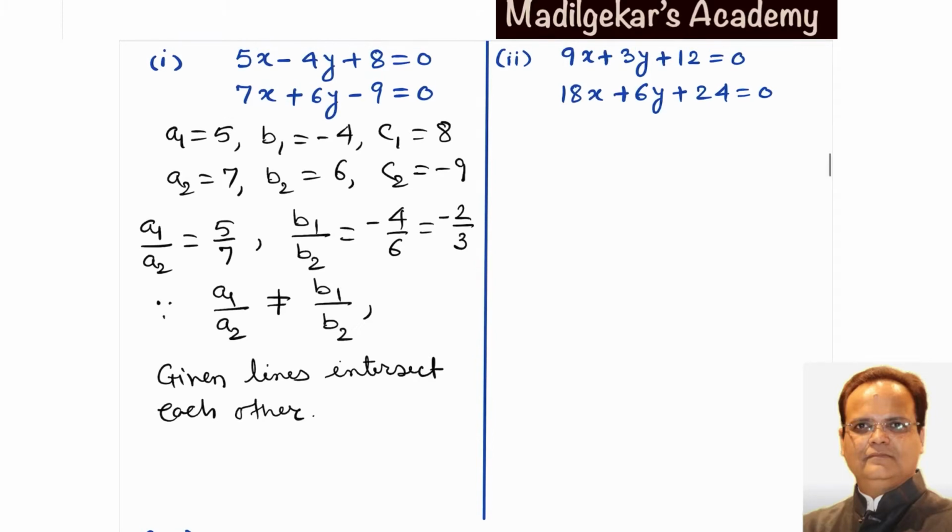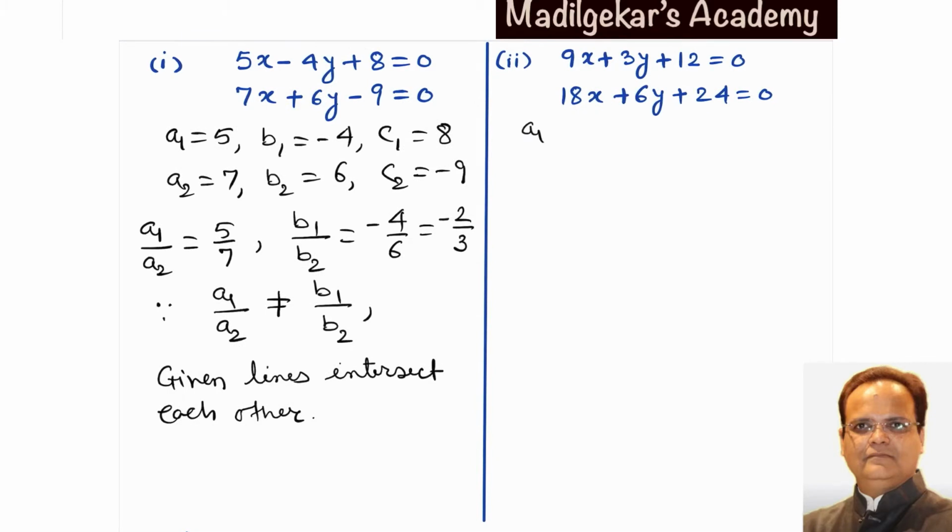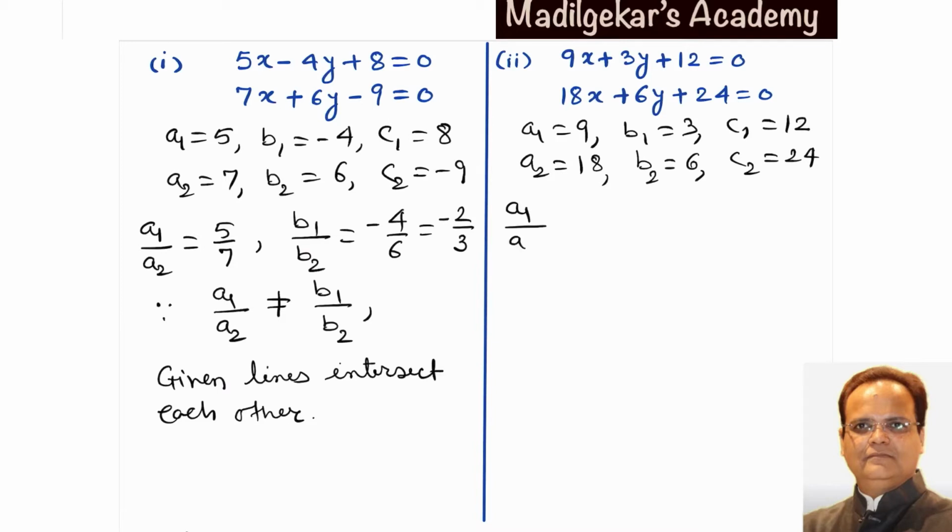Similarly, second bit, here a1 is 9, b1 is 3, c1 is 12, whereas a2 is 18, b2 is 6, and c2 is 24. a1 upon a2 is 9 by 18, means 1 by 2. b1 upon b2 is 3 by 6, means again 1 by 2. c1 upon c2 is 12 by 24, means again 1 by 2.